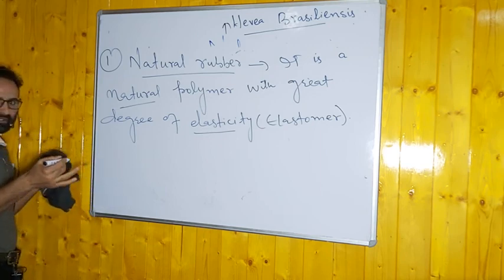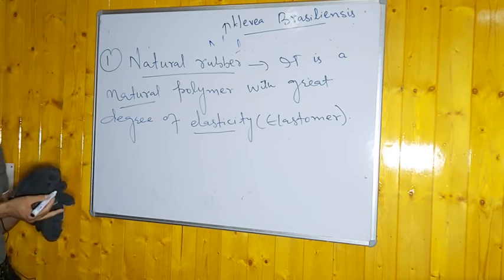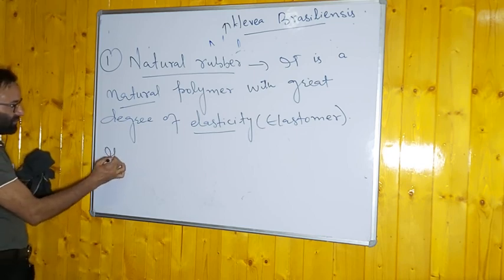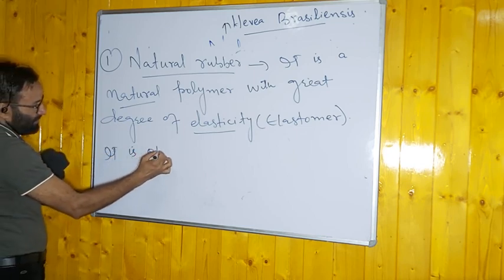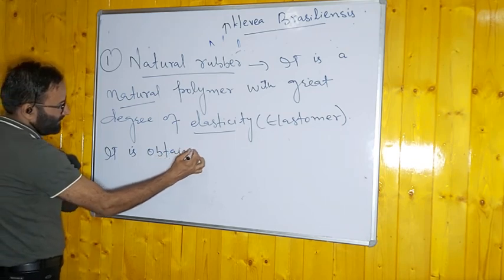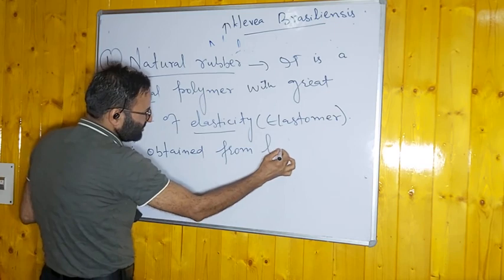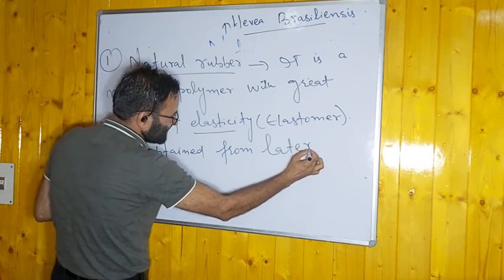First, we will see how it is prepared and how it is obtained from the plant. It is obtained from latex. First, you should know what is meant by latex.